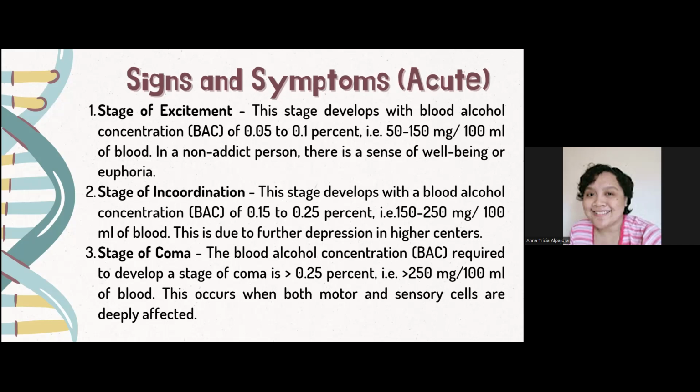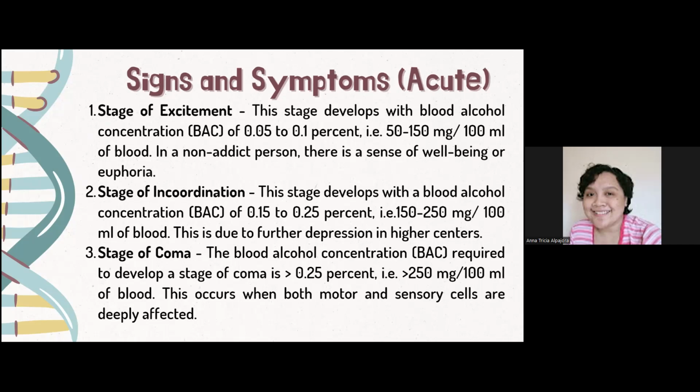So in the second stage, which is the stage of incoordination, this develops with a blood alcohol concentration of 0.15 to 0.25%, or 150 to 250 milligrams per 100 ml of blood. So this is due to further depression in higher centers.